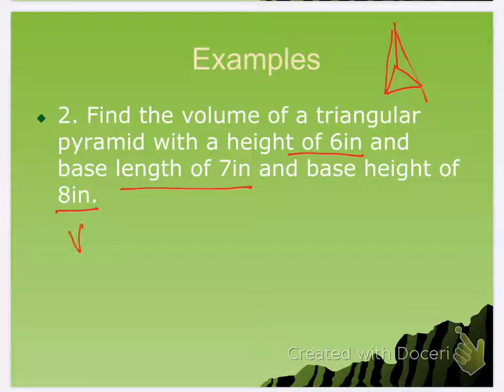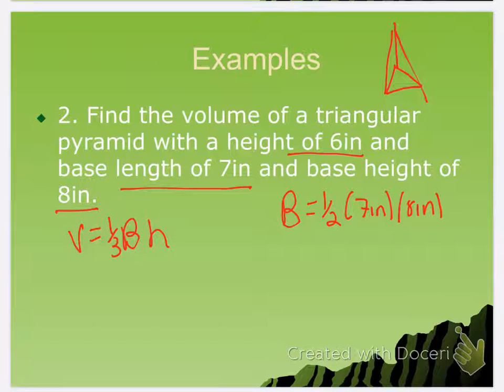So volume equals 1/3 base times height. Well, our area of our base is 1/2 base times height. Half of 8 is 4. 4 times 7 is 28 inches squared.